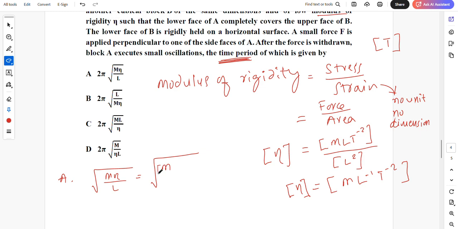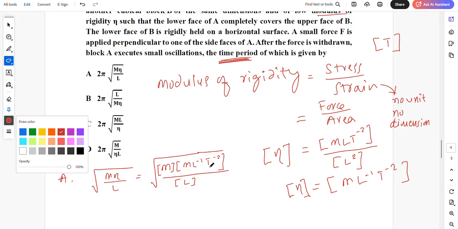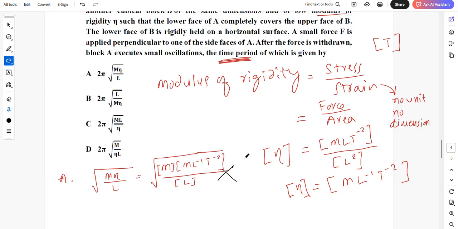Here, in place of eta, just write down M L to the power of minus 1 T to the power of minus 2, by L. By observing this one, we can say that you are not getting that option. You are not getting T here. Understood? You can neglect this one.